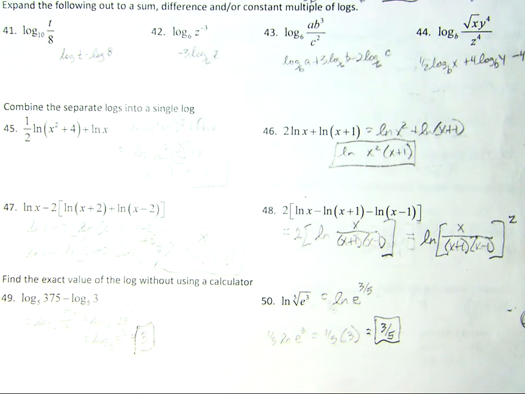Number 45 is the natural log of x times the square root of x squared plus 4. Number 47 is the natural log of x on the top, and on the bottom is x plus 2 squared, and that's minus 2 squared. Or on the bottom, if you had x squared minus 4 all squared, that would be fine. 49 is 3.